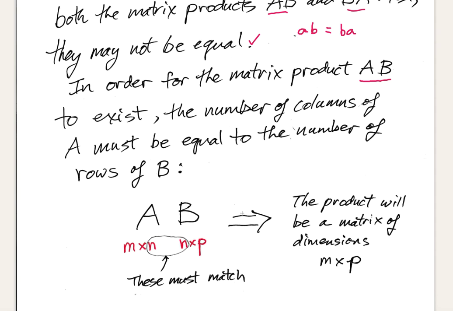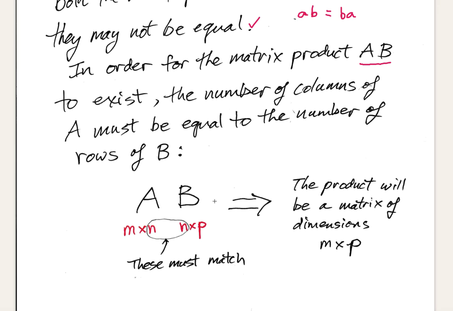Okay? Now let's go back and, just to make it easier, write down a little bit of our notation for dimensions here that might help us out. Remember, if you've got a matrix A here on the left, and its dimensions are m by n, m indicates what? The number of rows, and n indicates the number of columns.